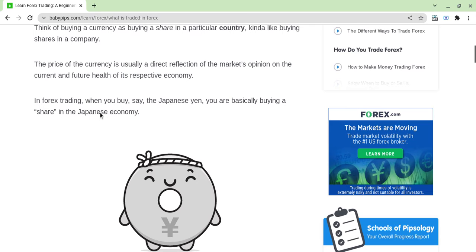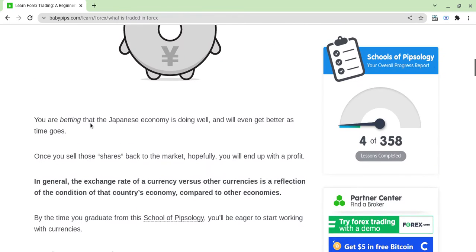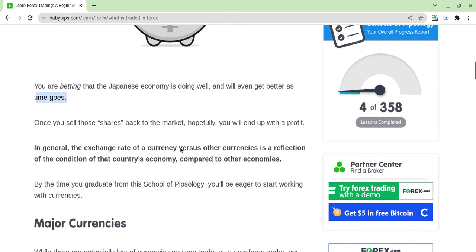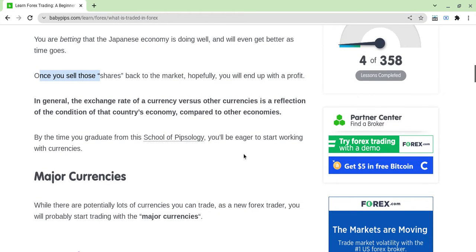In trading Forex, when you say you're going to buy the Japanese yen, you're basically buying a share in the Japanese economy. You're betting that the Japanese economy is doing well currently, and will get even better as time goes on. That's the future aspect. Hopefully you're right, because once you sell those, quote, shares back to the market, you will hopefully end up with a profit.